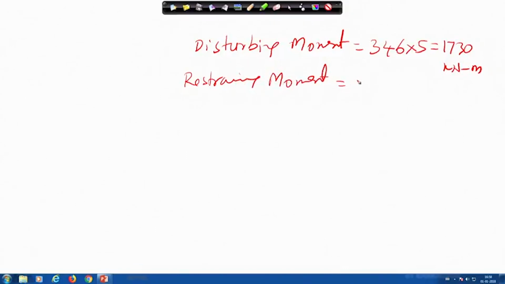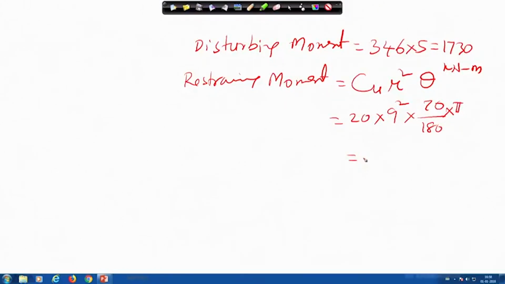will be equal to, as we have given, C u r square multiplied by theta. So, all those things are given. C u is 20, r is 9 meters and theta is given as 70 degrees. So, if I convert to radian, you have to multiply by pi by 180.